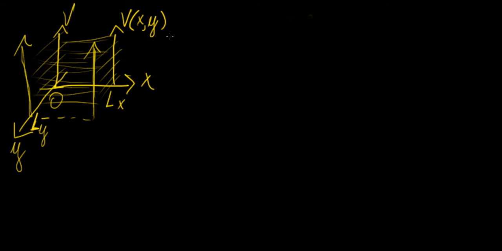And now we're going to formulate the Schrödinger equation based on the following boundary conditions. We're going to have the wave function at the points (x, 0) equal to the wave function at (x, Ly) equal to 0.